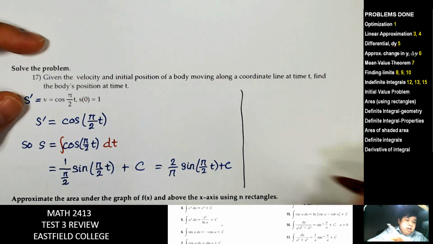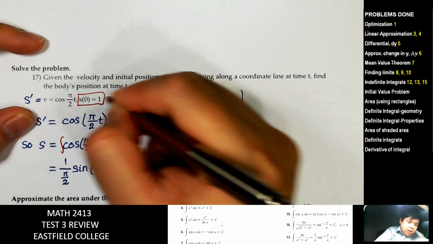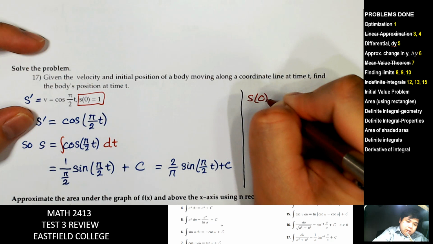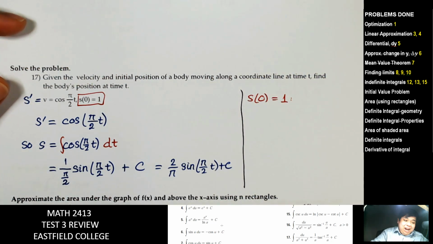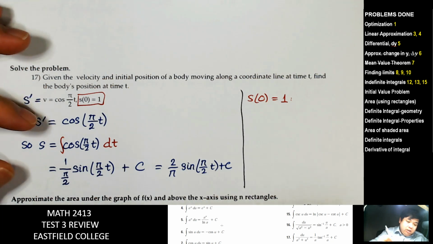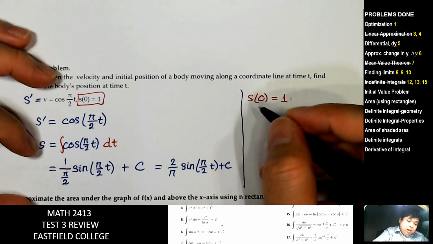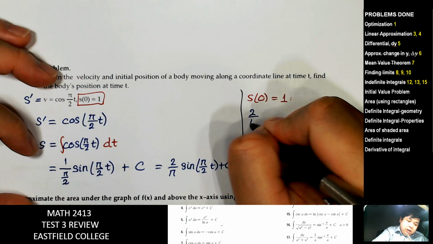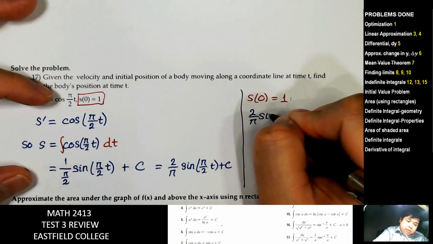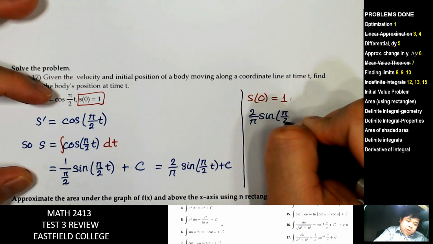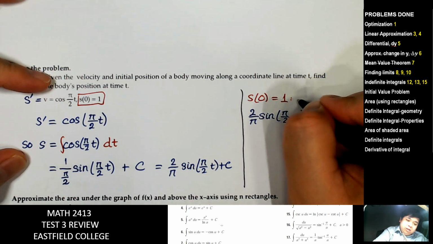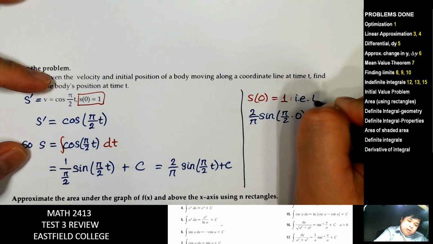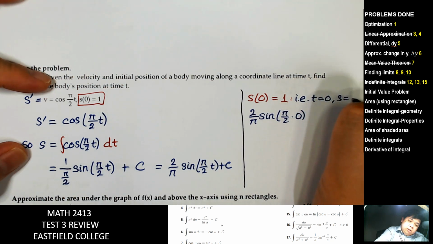Next, we have the initial condition. Meaning when t equal to 0, s equal to 1. So we have 2 over pi sine of pi over 2 times 0, t is 0, and this equal to 1.